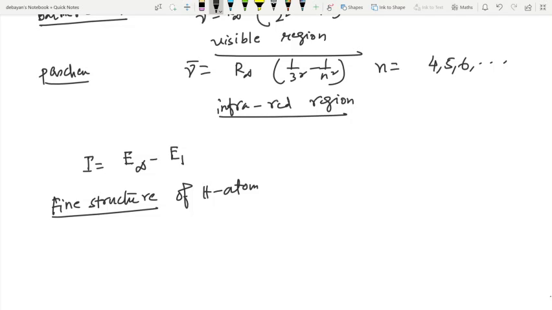And of course this particular assumption is only for circular orbits, which is unjustified, because Bohr in his original paper suggested that the orbit might be an ellipse instead of a circle.